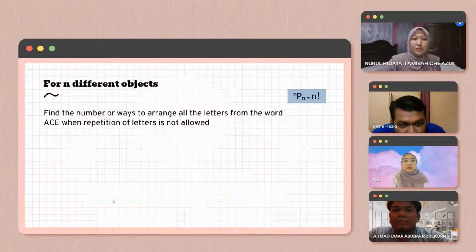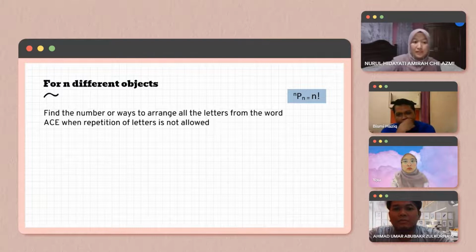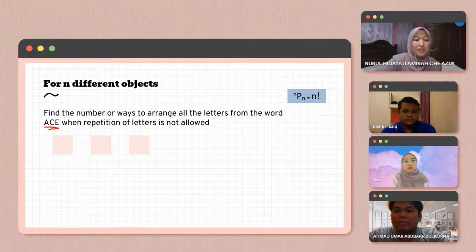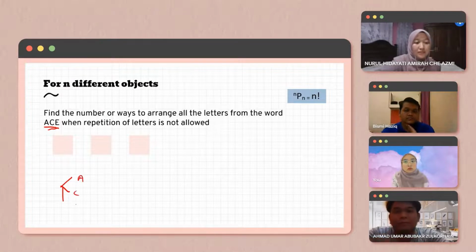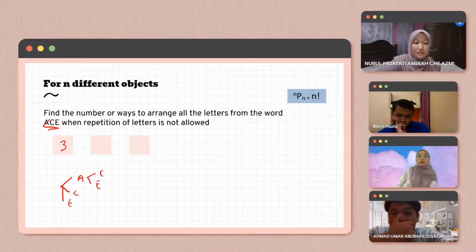First condition, which is for n different objects. Let's say the question asks us to find the number of ways to arrange all the letters from the word ACE when repetition of letters is not allowed. ACE has how many letters, n? Three. For the first slot, we have 3 choices: A, C, and E. Once we choose A, we cancel A, and we have C and E left, so we write 2.